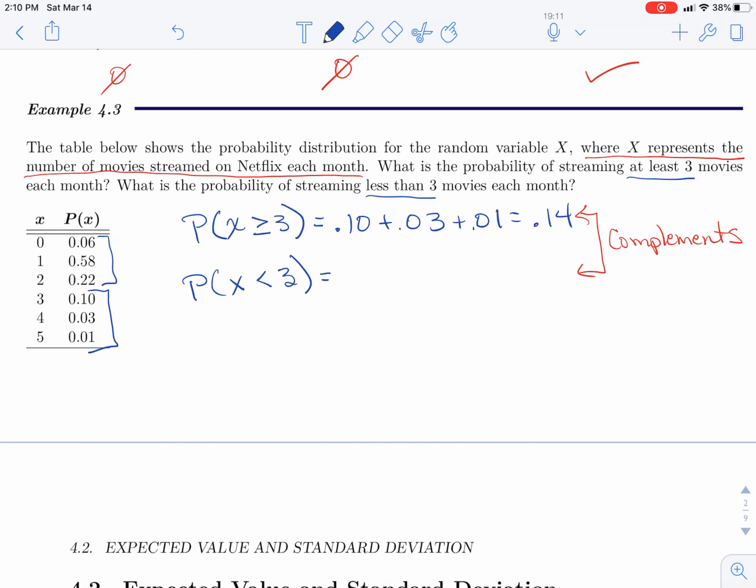So if the top one is 0.14, everything else that's left over is going to be our 0.86 or 86%. Now, we could still add it up. We can add 0.06 plus 0.58 plus 0.22. That would still give us the 0.86. So we're okay with that.